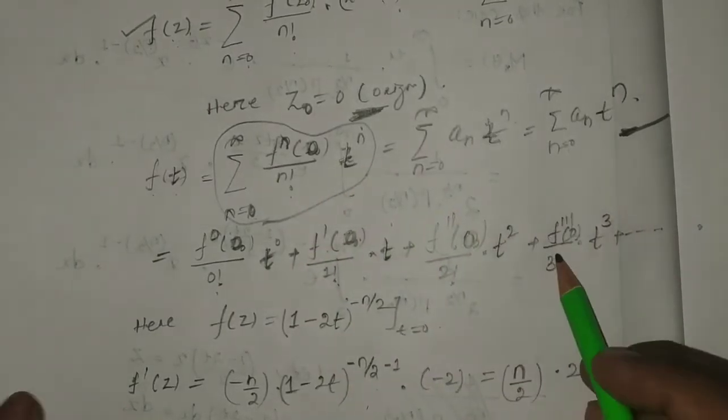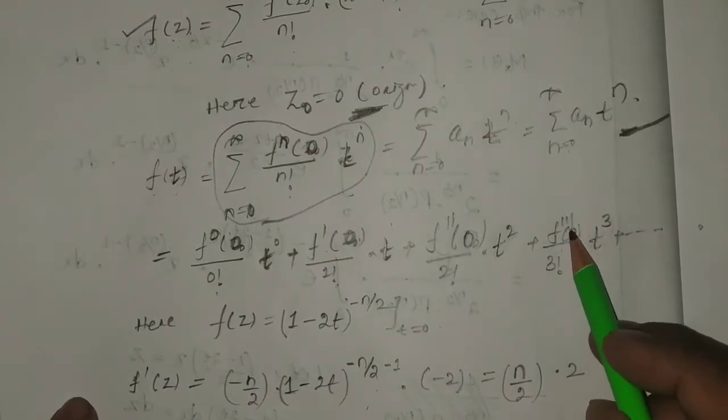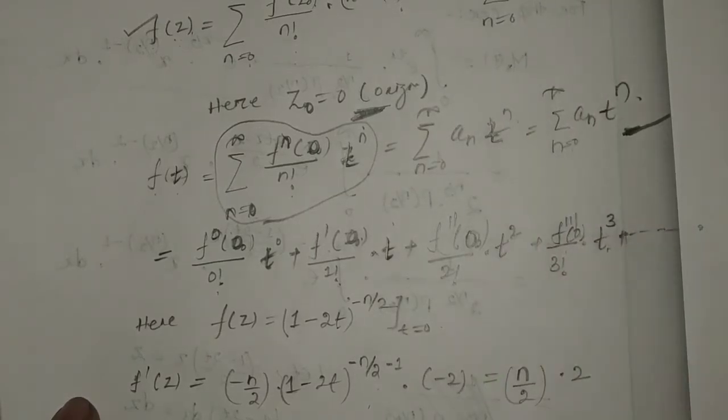Then the next term will be f triple dash(0) by 3 factorial into t cubed, and so on, right?